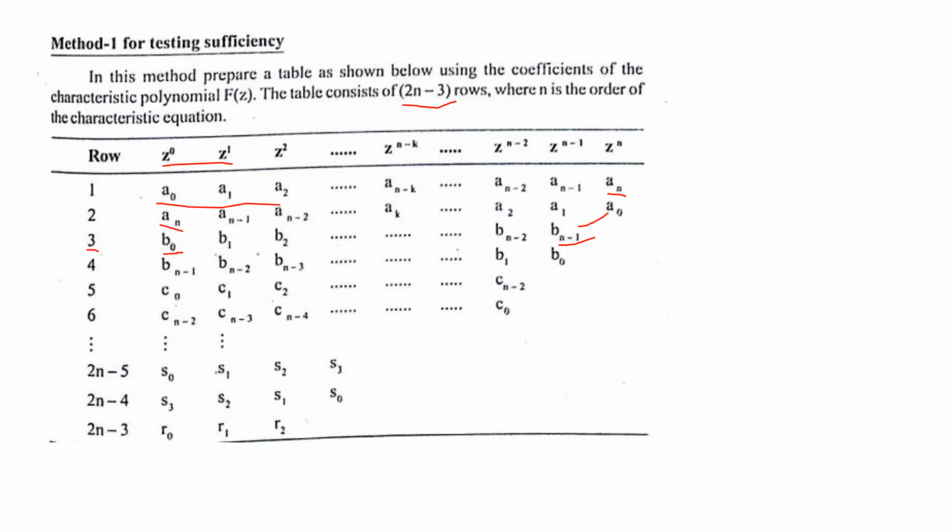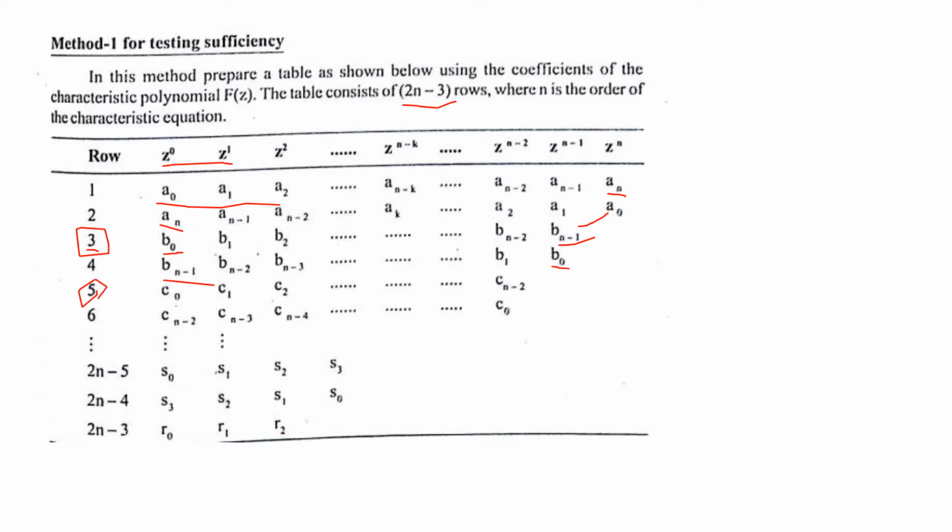So if you have 4 columns in a, you have only 3 in b. Similarly, I'll tell you how to find this third row. The fourth row is nothing but the reverse of your third row: b(n minus 1), b(n minus 2), up to b0. Similarly, you have to find your fifth, that is the odd one.